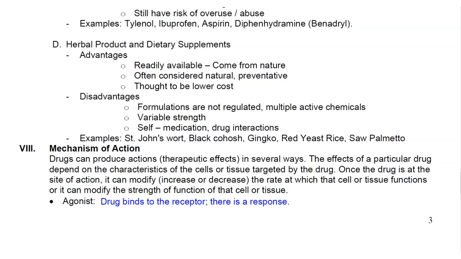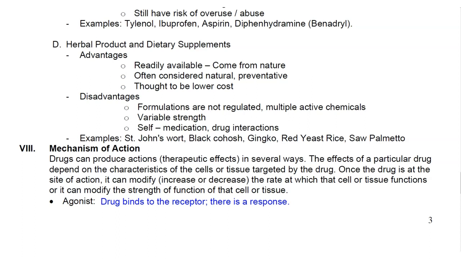And some people say that they're actually lower cost, but if you look at the market nowadays, some of these herbal products and dietary supplements are actually quite pricey. So it's not always the case, but maybe if you compare it to certain prescription medications that are not approved by insurance, maybe you can say that it's lower in cost, but nowadays, generally speaking, it's not always the case.